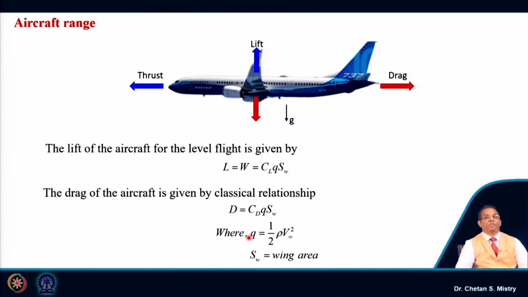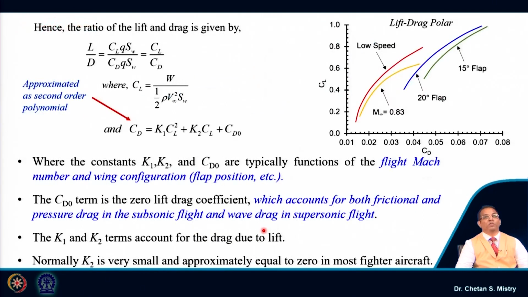In the same way, my drag force I can represent in terms of CD into q into SW, where q is my dynamic head, which is 1/2 rho v infinity square. If I consider this as a formula, then my L by D ratio comes as CL by CD.